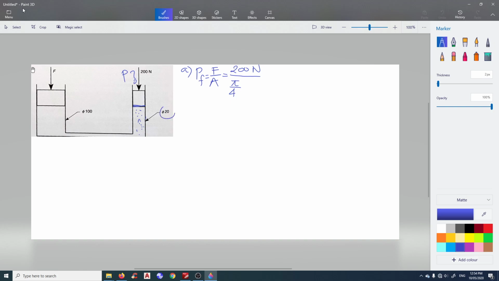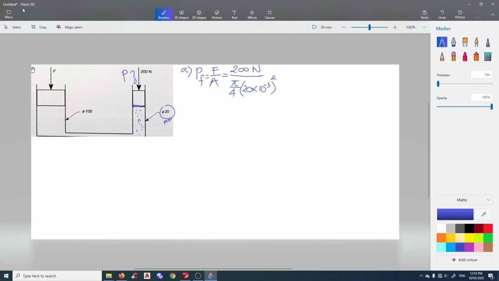Remember, this is millimeter, so we have to convert that to meter times 10 to the power of -3. That will make this from millimeter to meter. And don't forget to square it, because quarter pi d squared is the surface area of the circle.